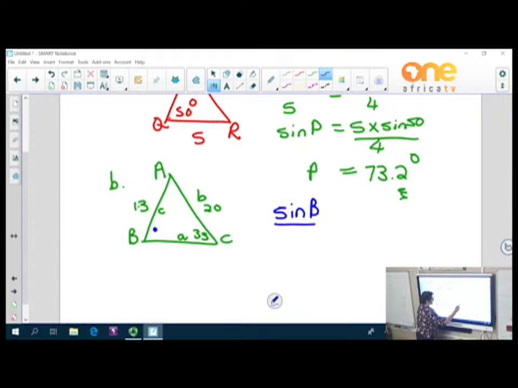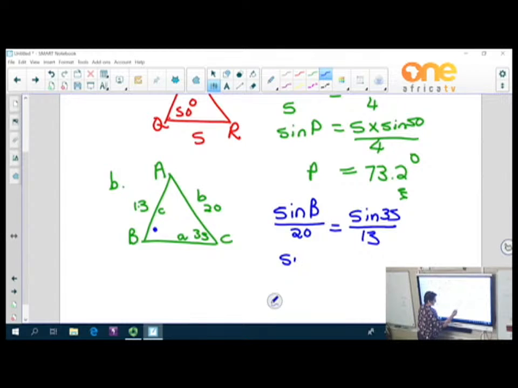So sine B, which one is opposite here? 20, is equal to sine 35 over 13, opposite sides and angles.